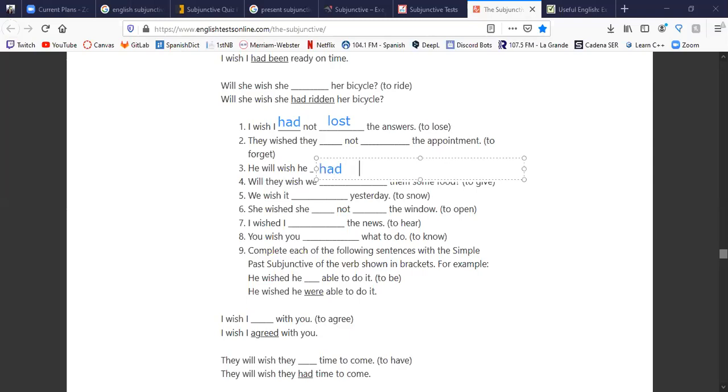Yes, perfect. I forgot I could annotate over this page, so we're good. I wish they had not forgotten.